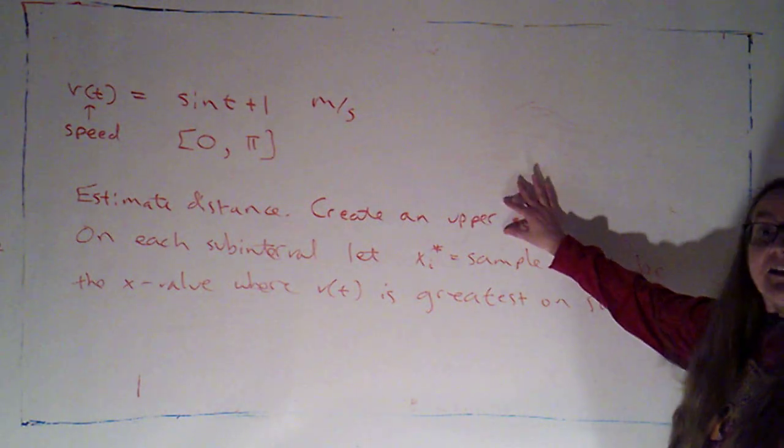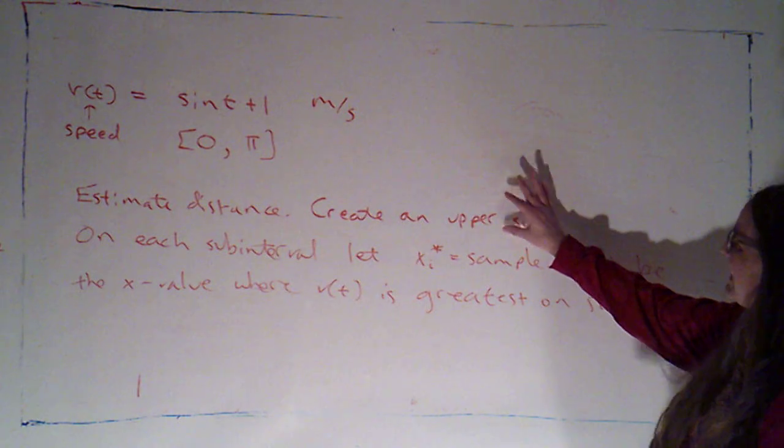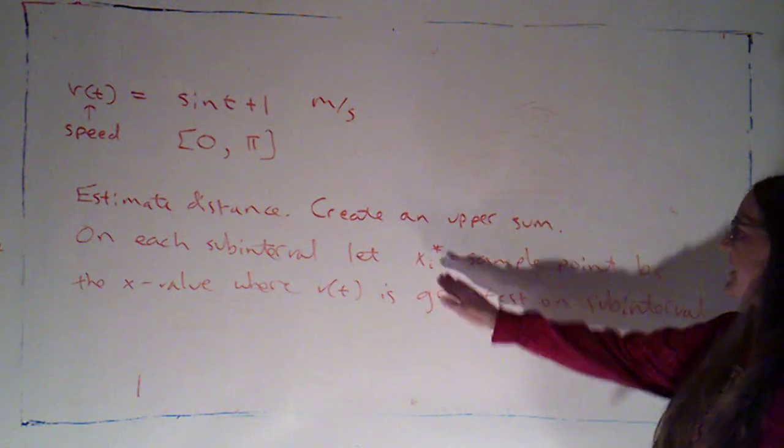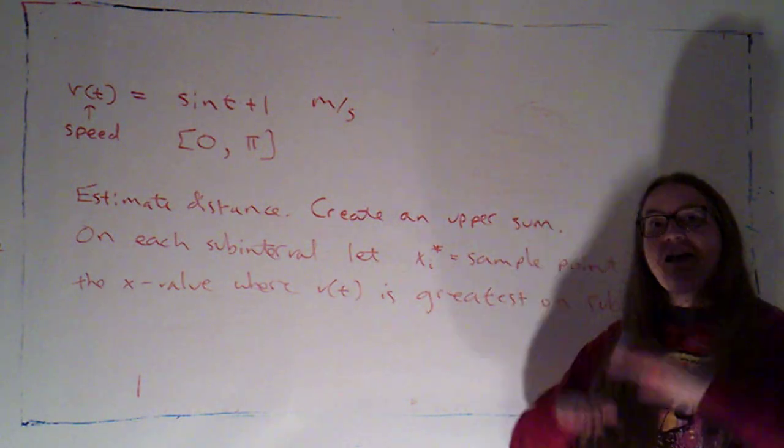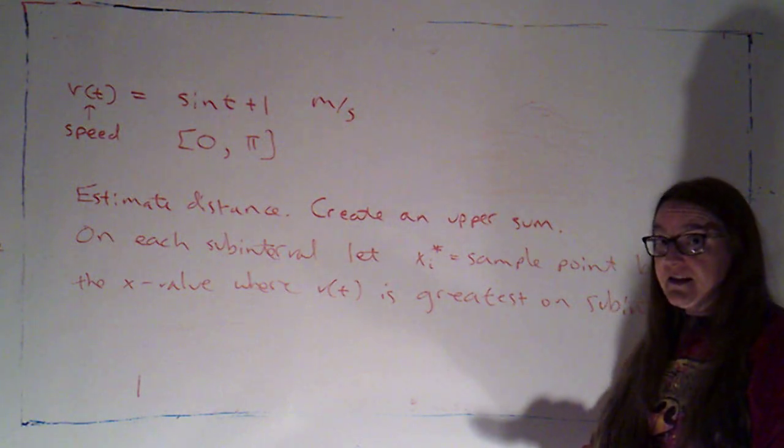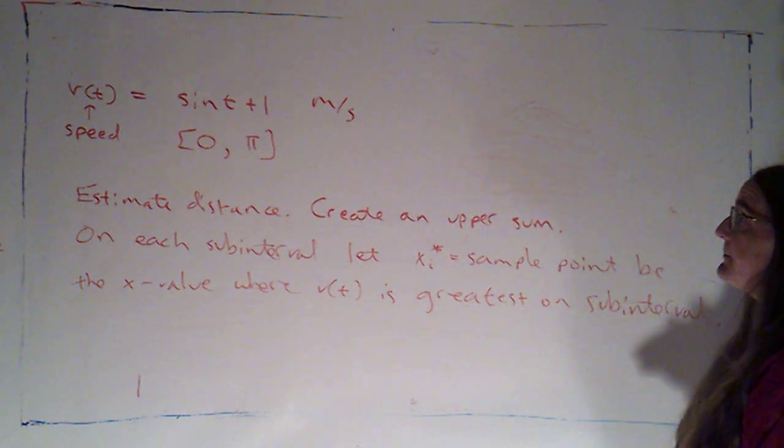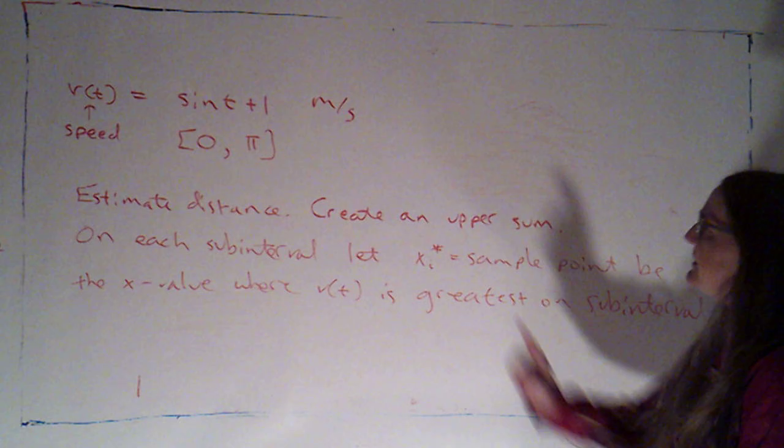Obviously, I could create a lower sum as well. If I were doing that, I would simply let xi star be the location at which I had the lowest speed instead.